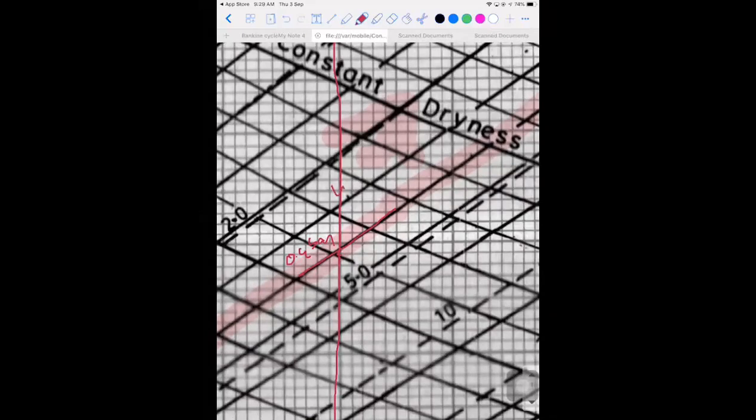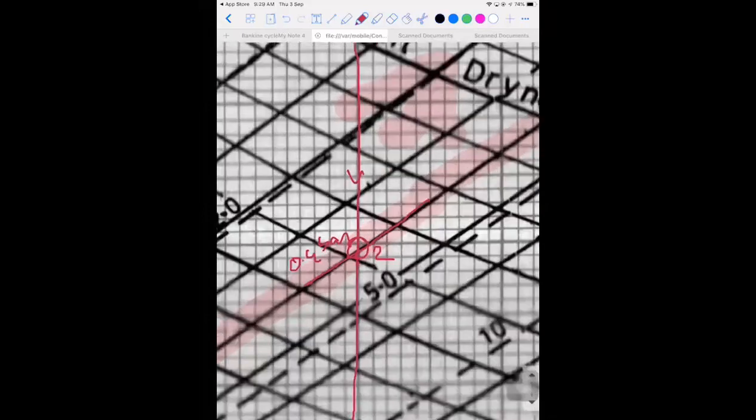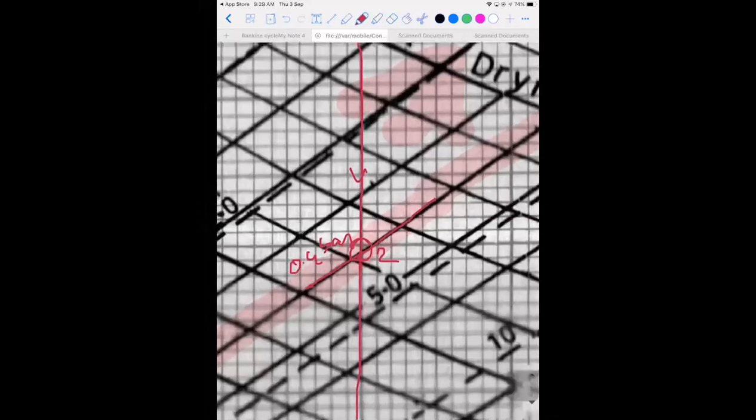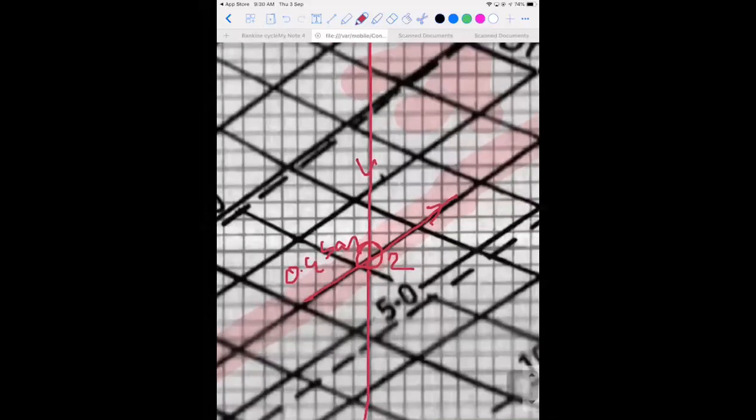Their intersection, this point, is going to be our state 2. Are you able to see that, sir? This is the 0.4 bar line and this is the isentropic line. This intersection is called state 2. Are you able to get it?